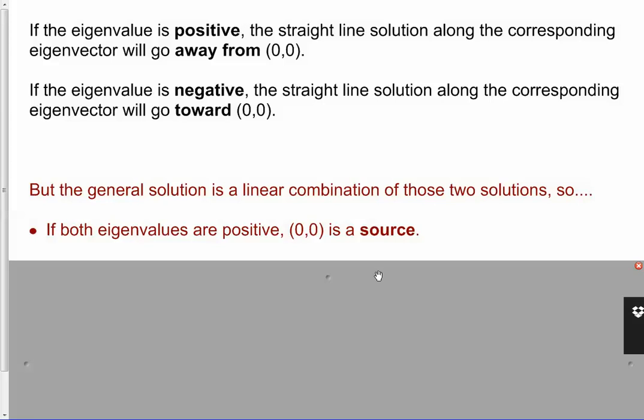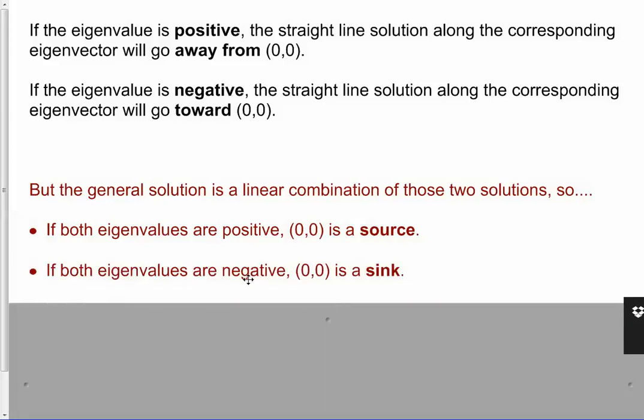So that's going to go away from the origin. That's what we call a source. If both eigenvalues are negative, same deal, it'll be a sink. Again, both straight line solutions go into 0, 0. But any other solution, being a linear combination of them, will go to 0 as well, just not in a straight line now.